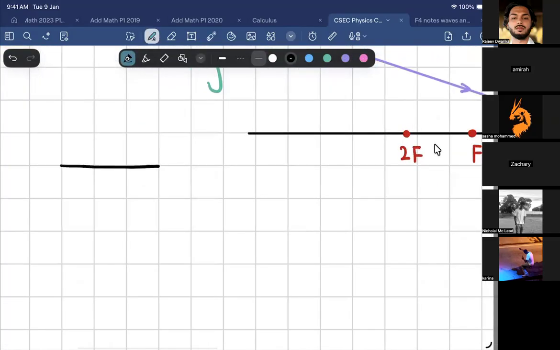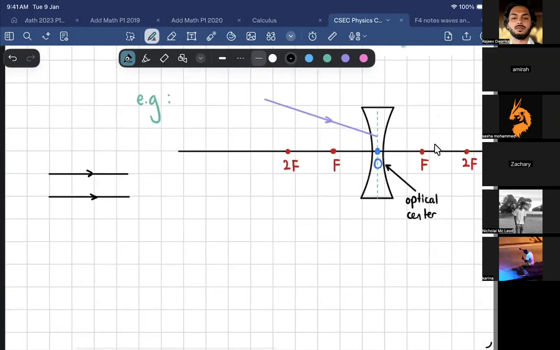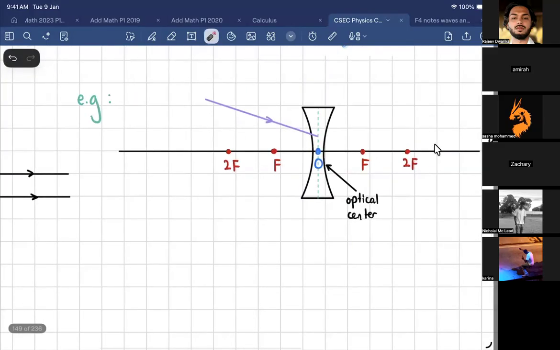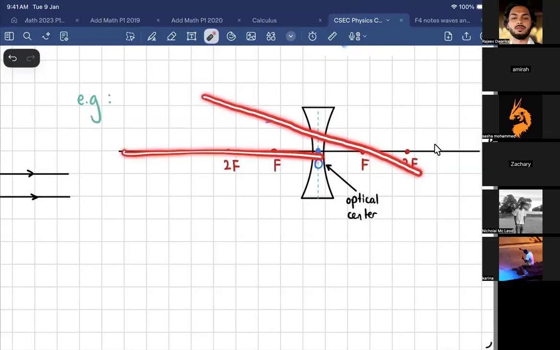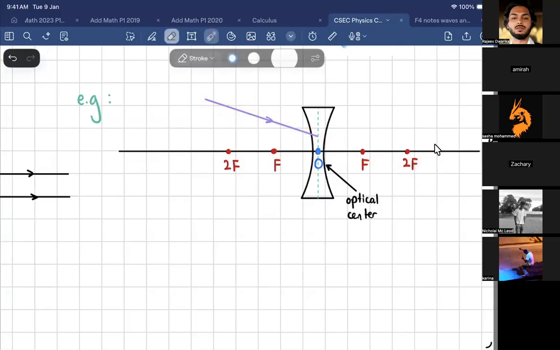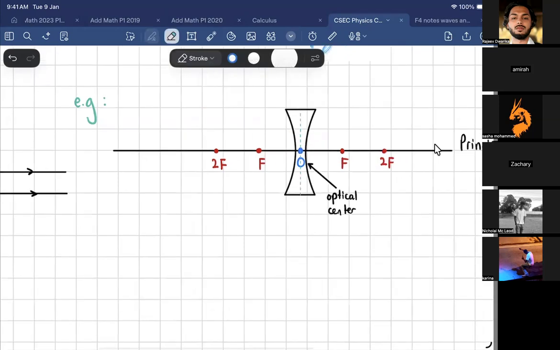When we say parallel, we're talking about two lines that would never meet. Those are parallel lines. But if I were to extend this line, eventually it's going to meet the black line. They are not parallel. Parallel lines are lines that never touch each other. So let me just correct that quickly.